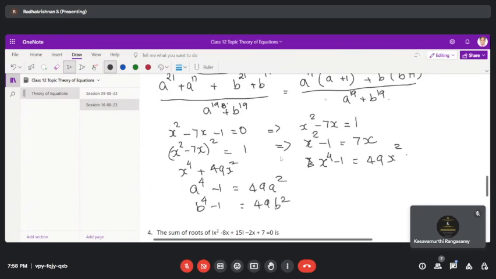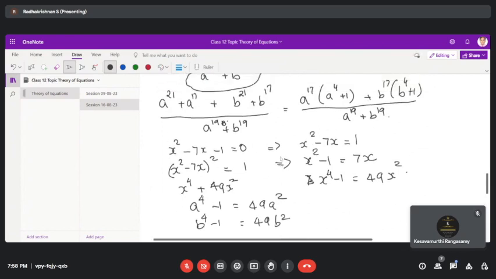So you see here, a to the power of 4 plus 1 is what we have there, right? When you square it, you are getting like this.